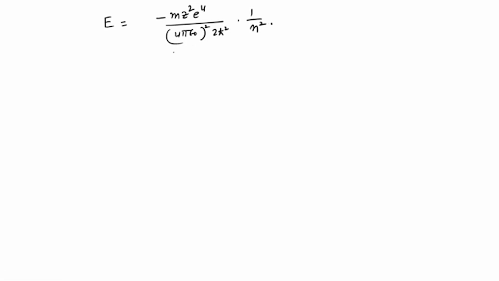This is exactly what you get by solving the Schrodinger equation corresponding to the Coulomb potential. It has a value of 13.6 with the minus sign, so it is minus 13.6 by n square electron volt. Okay. That is the energy.